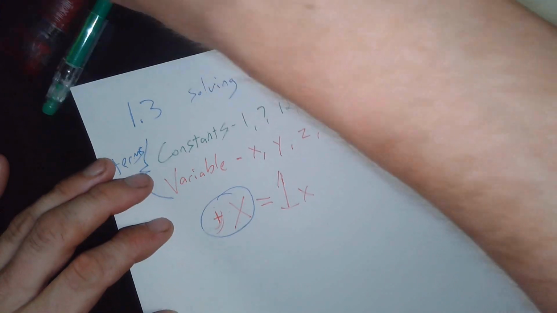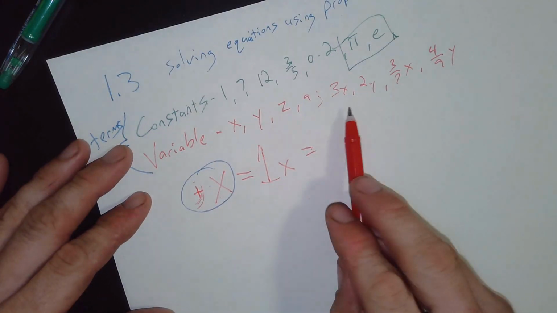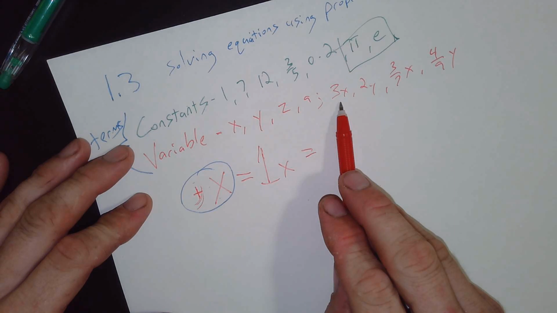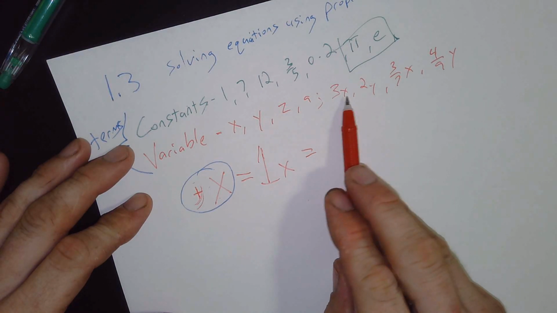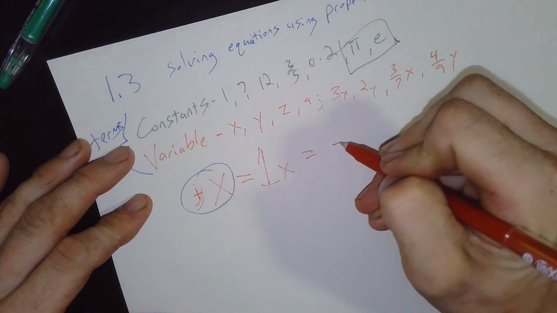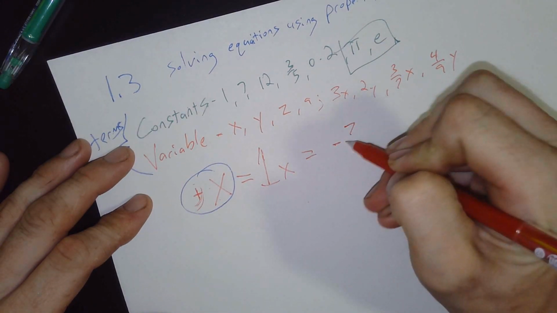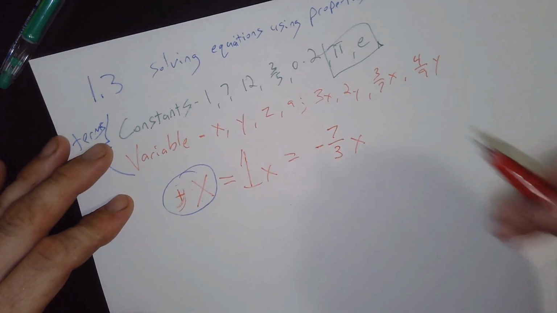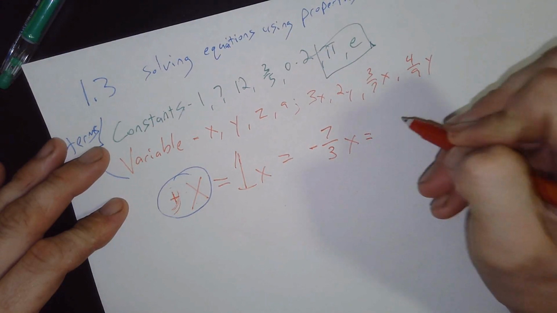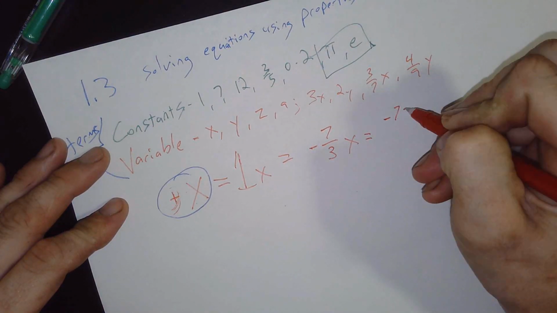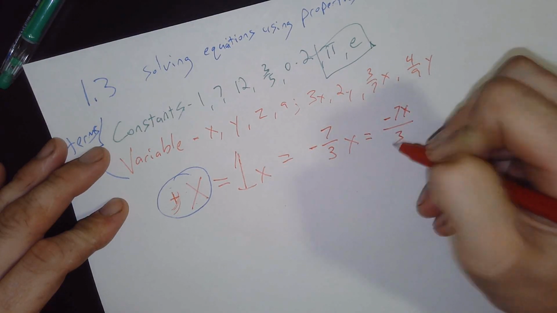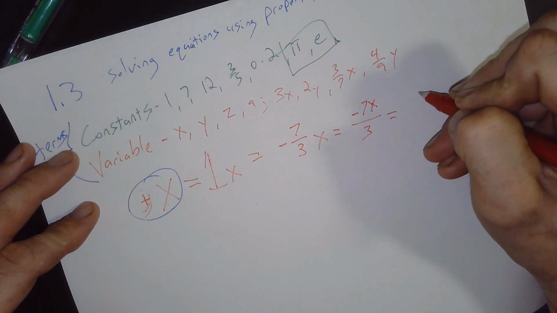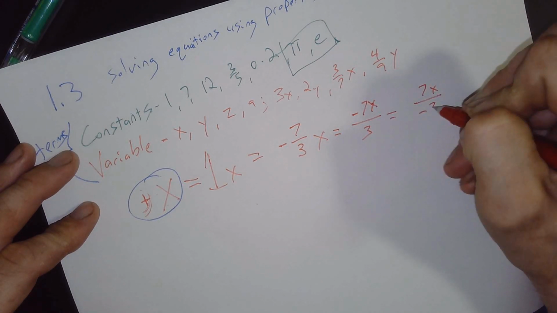I did say earlier that the variable belongs to the numerator. So say we had -7/3 x. We could write this a different way by saying -7x divided by 3. This is also equivalent to 7x divided by negative 3.